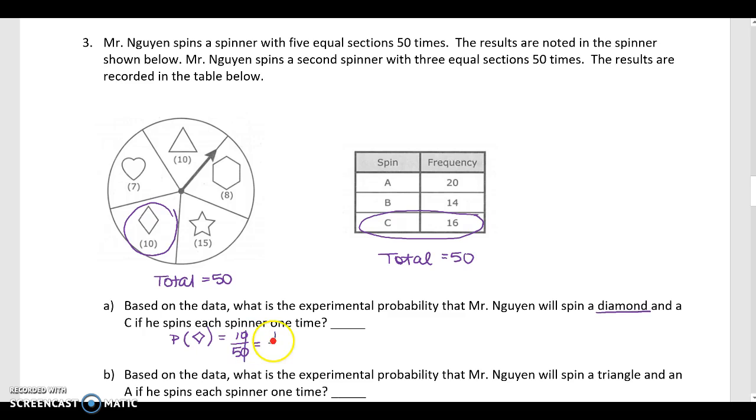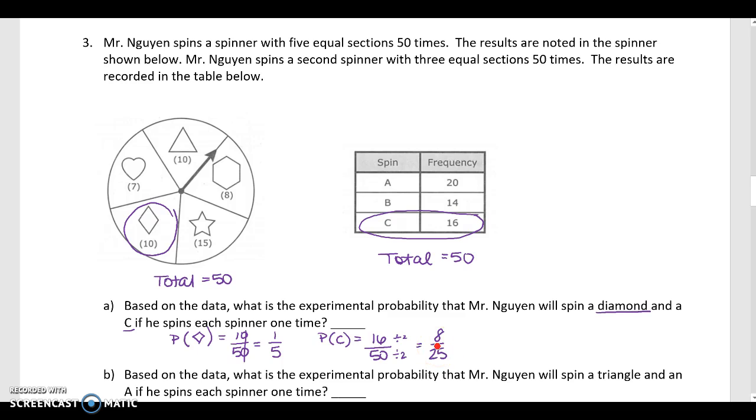Cross it out to 1 over 5. And a C, so probability of a C is 16 over 50. They're both even numbers, so I'm going to go ahead and divide by 2. So I have 8 over 25.